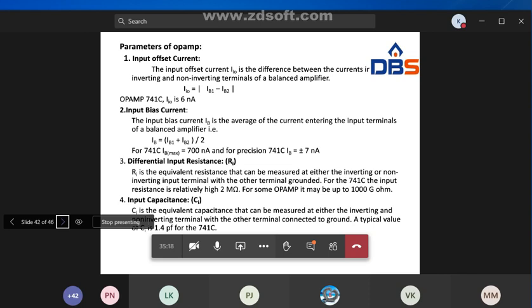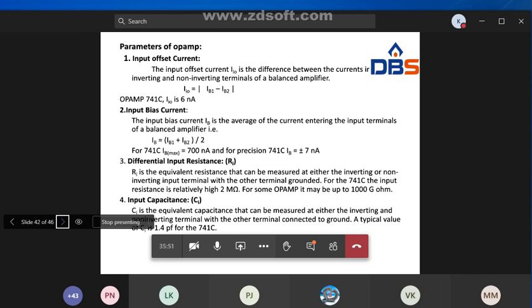Next, input resistance. It is the equivalent resistance measured at either the inverting or non-inverting terminal with the other terminal grounded.